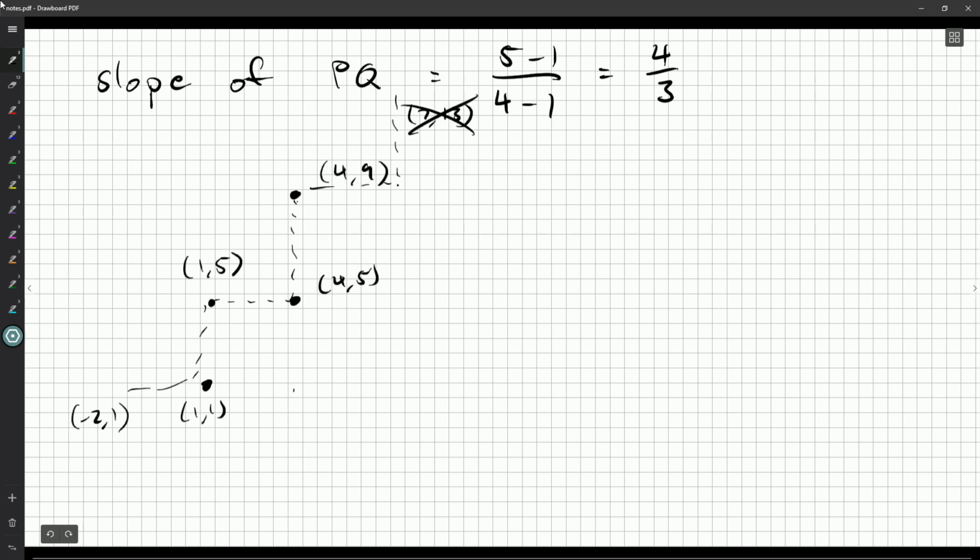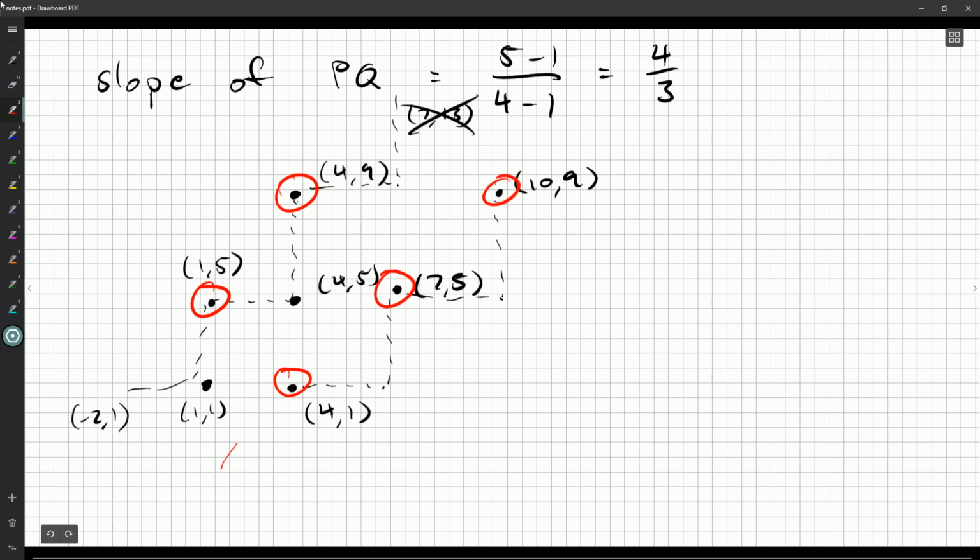But what if we use our other starting point, (4, 1)? We could go over by 3 and up by 4 there, and that'll be (7, 5). Then you can go over by 3 and up by 4, and that'll be (10, 9). And that should be it: 1, 2, 3, 4, 5.